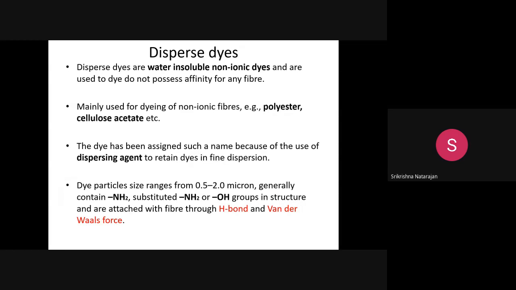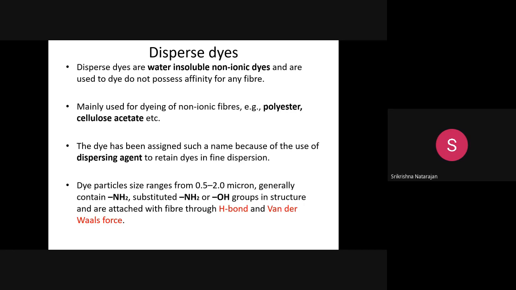It's a weak force. For example, if you take one spoon of sugar and put it in a big 100 liter drum of water, the water will not become sweet with only one spoon of sugar. It is just like a weak force. So mostly it is held through van der Waals force and very little hydrogen bonding.